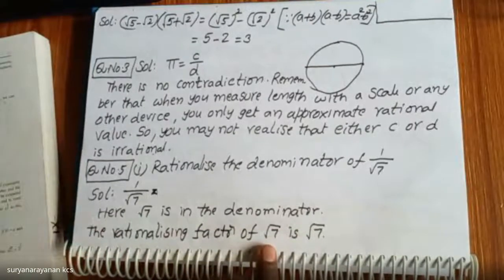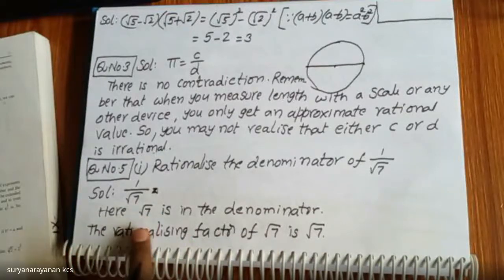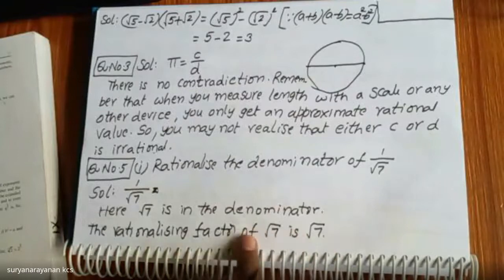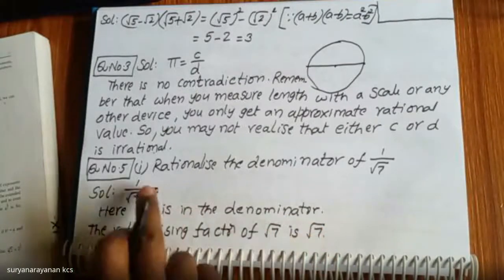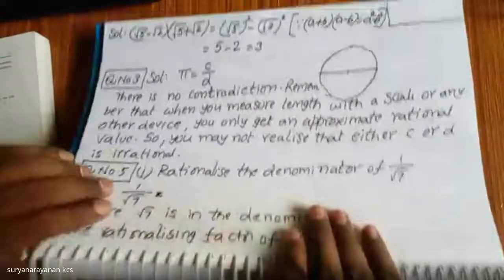We have to identify the rationalizing factor of this denominator. We found that the rationalizing factor of root 7 is root 7. After finding the appropriate rationalizing factor, we have to multiply the numerator and denominator of the given fraction. Okay, my children.